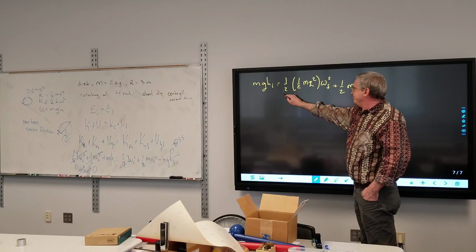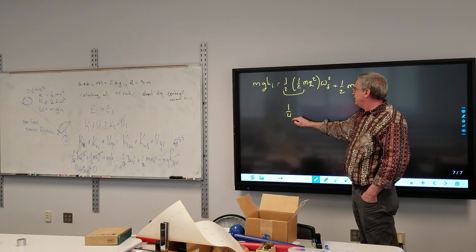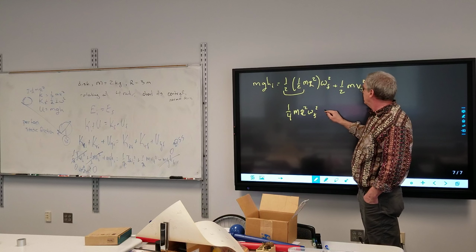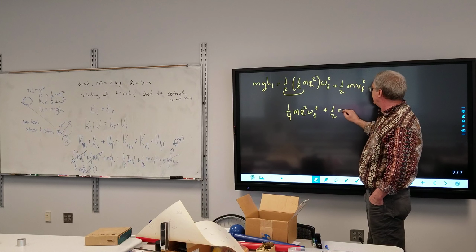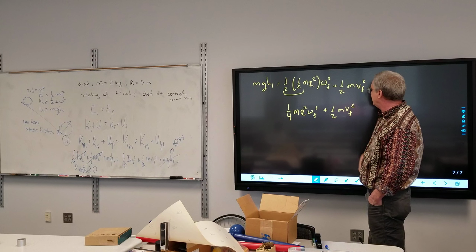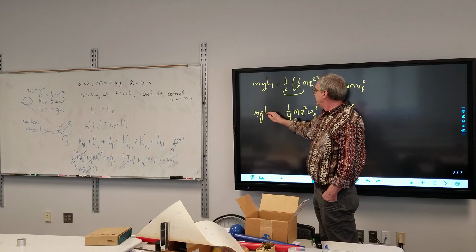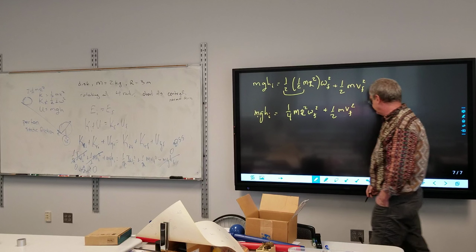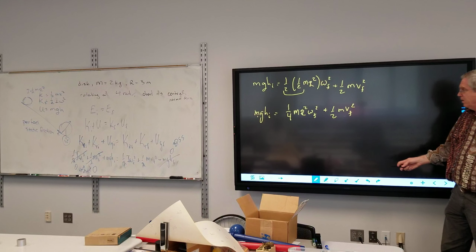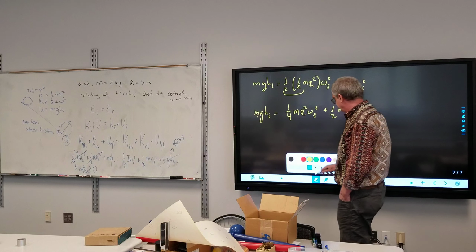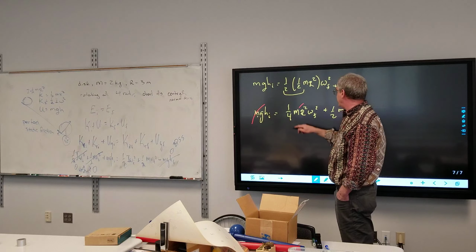So I got 1/4 mr squared omega final squared plus 1/2 mv final squared. What can I get rid of? Masses will cancel. All right, so the mass does not matter.